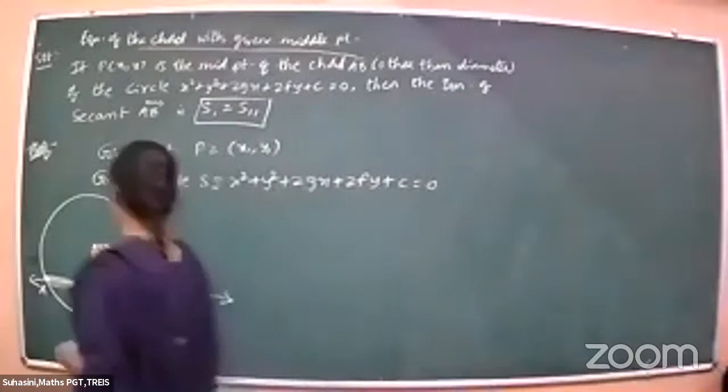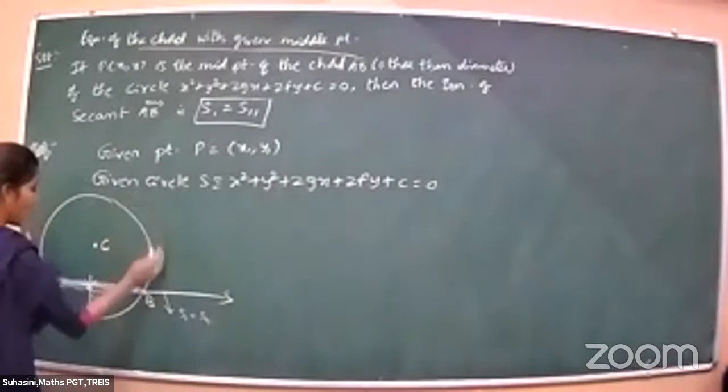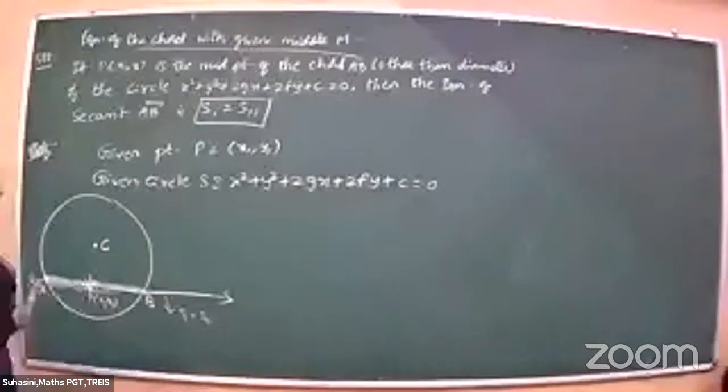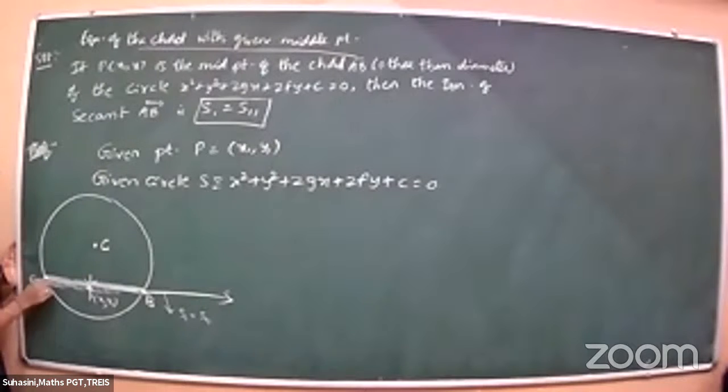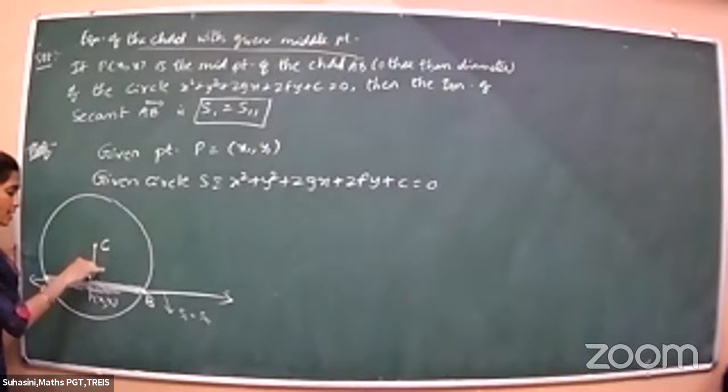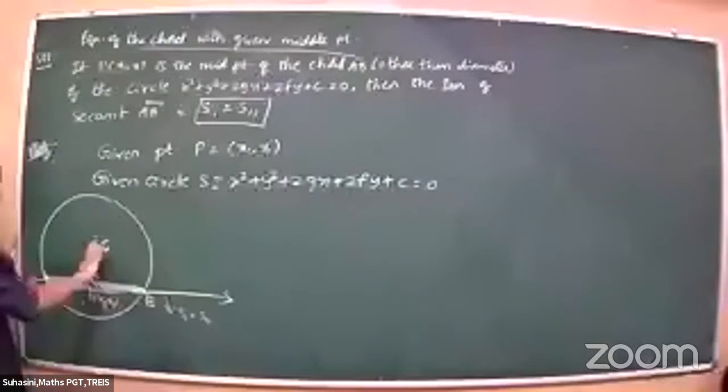If we have the center of the circle as C, and this is the chord AB, only this portion is AB, then the perpendicular drawn from the center onto the chord bisects the chord. Then AP is equal to PB and CP will be perpendicular to AB.